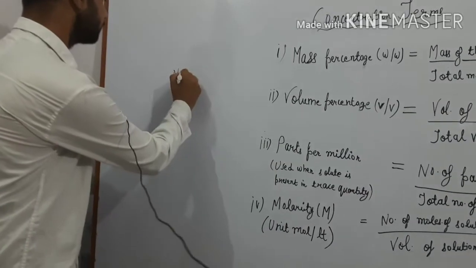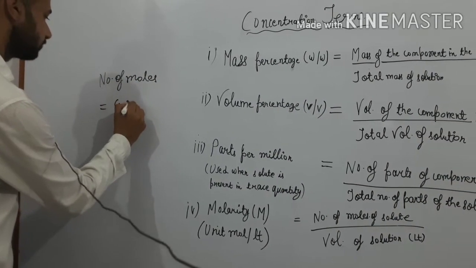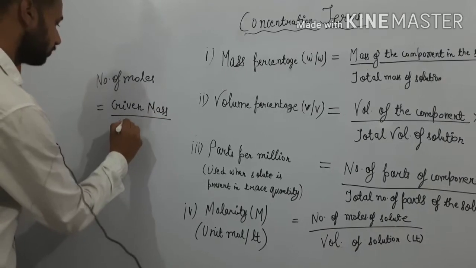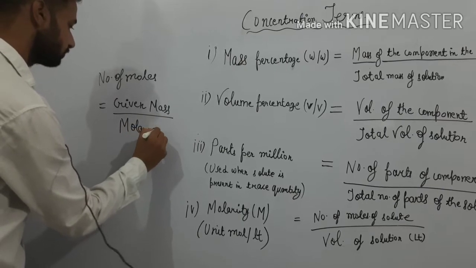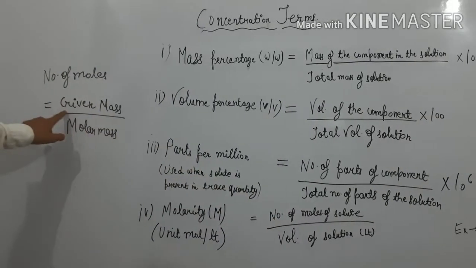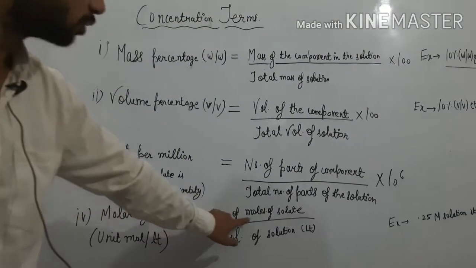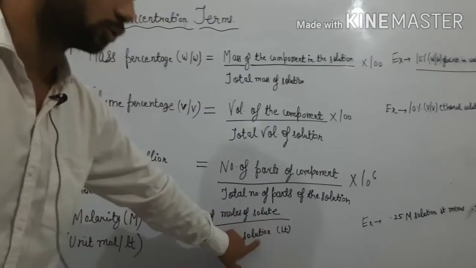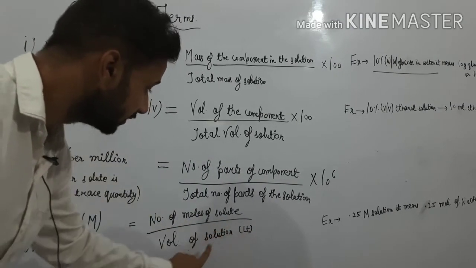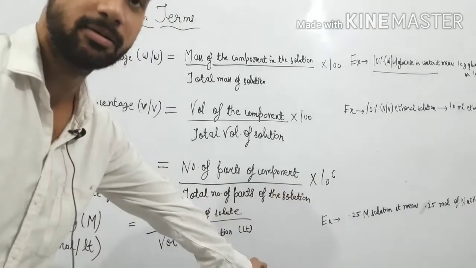The number of moles of solute is given mass divided by molar mass. So the formula of molarity is the number of moles of solute divided by the volume of solution in liter. This is very important: the volume of solution must be in liter. If it is in ml, we have to convert it into liter.